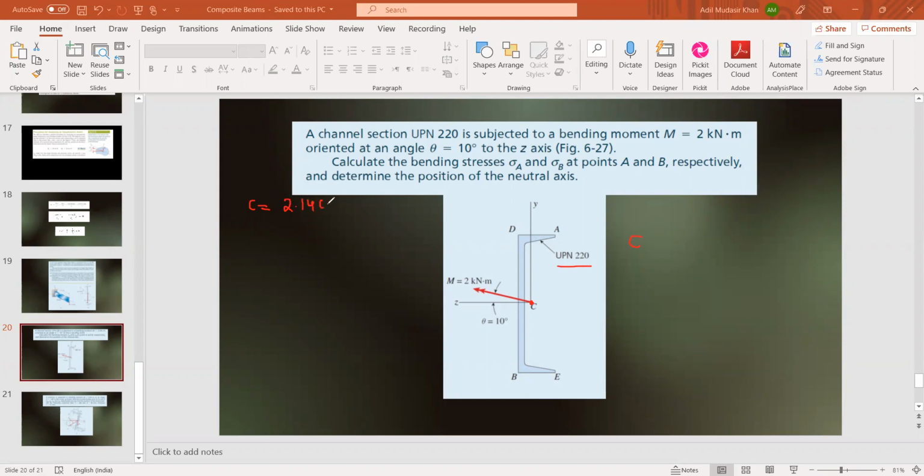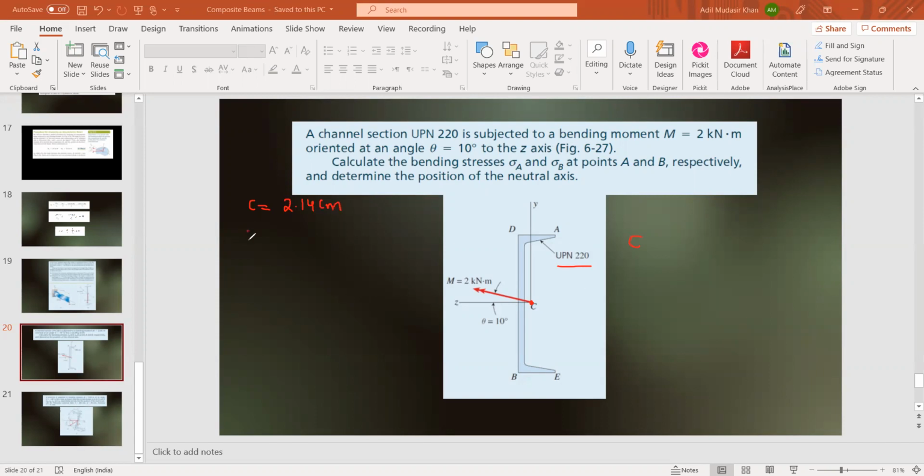The centroid C is located on the axis of symmetry at a distance of 2.14 centimeter. So we need not calculate the centroid for this UPN section. This data will already be in hand.